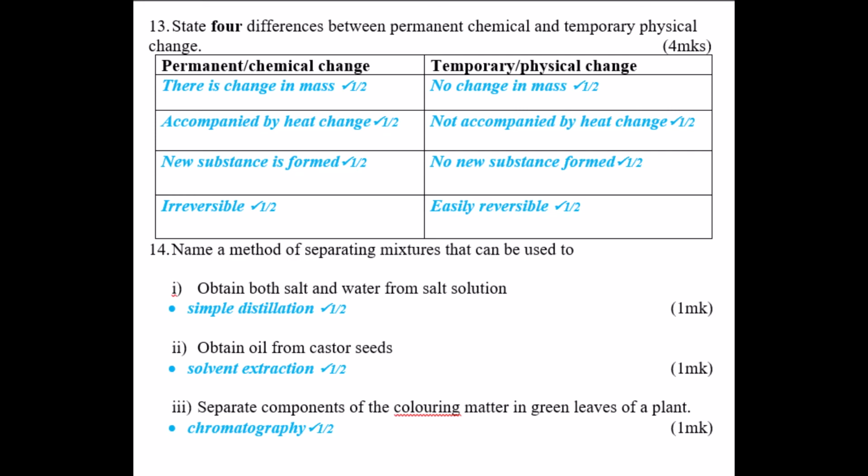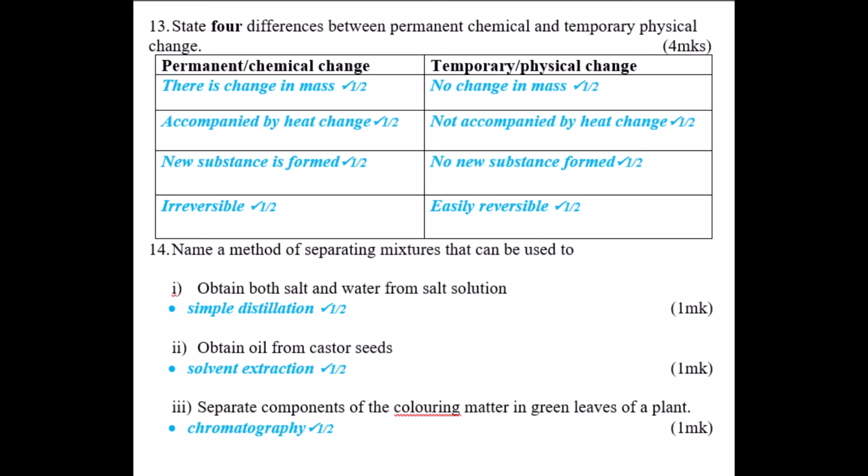Okay, with question number 14, the best method you can use to recover both salt and water from a mixture is simple distillation. Remember, evaporation will not work, because once you evaporate, you get the residue, that is the salt, but water will escape.